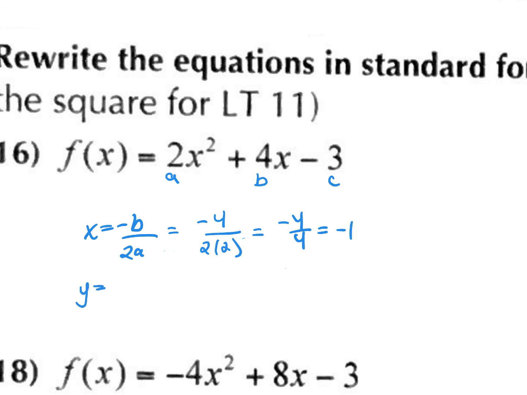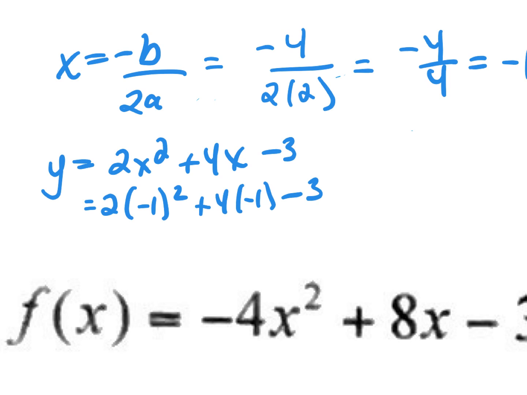Now to find y, 2x squared plus 4x minus 3. So I have 2 times negative 1 squared plus 4 times negative 1 minus 3. What's negative 1 squared? Just 1, so this gives me 2 minus 4 minus 3. What's 2 minus 4?